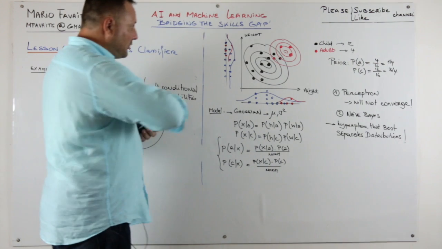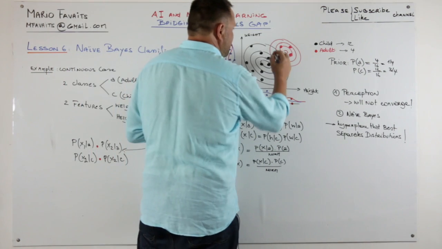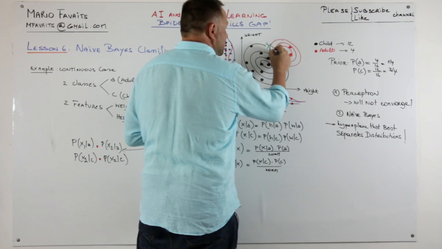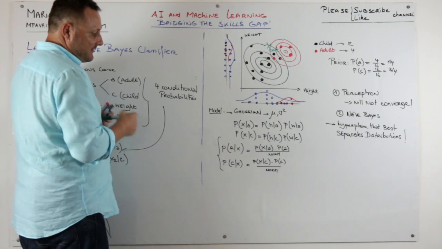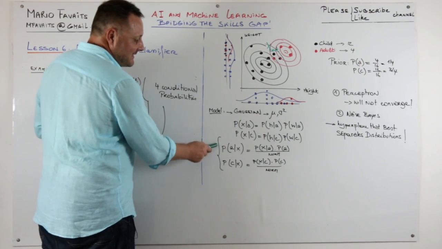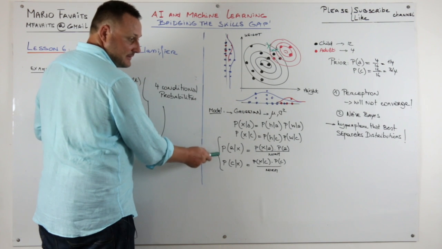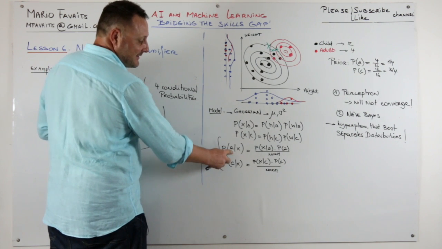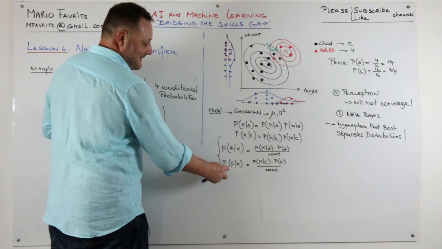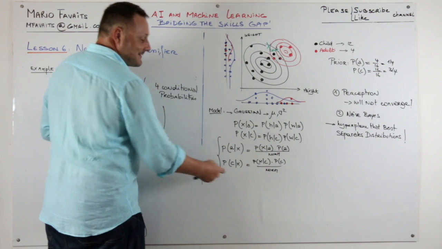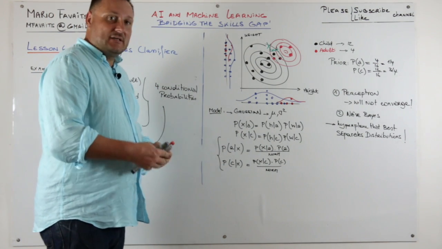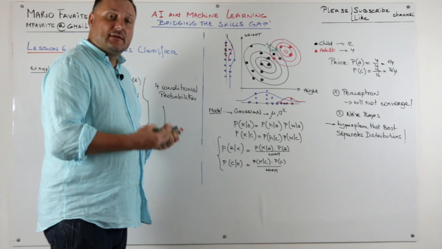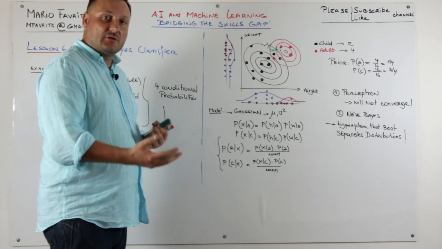So if you take a point x test here, for example, what you're basically gonna do is you're gonna calculate these two probabilities. The chance that it's an adult given x test, and the chance that it's a child given x test, and whatever is the highest probability, that will define the class, adult or child.